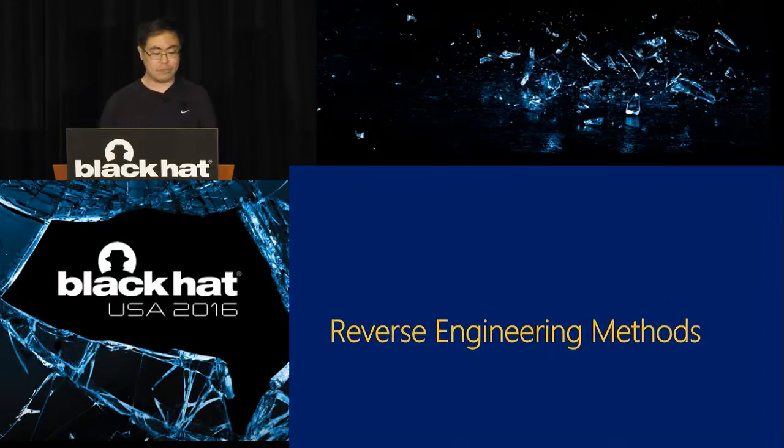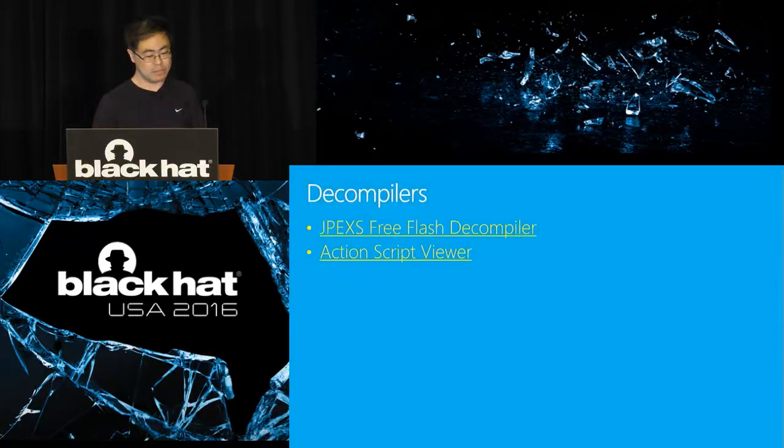First, let's talk about how we can reverse a Flash exploit. The obvious choice is decompilers. There are a lot of decompilers out there, and I have used many of them, but I found that these 2 are good. The first one is JPEXS Free Flash Decompiler. This one is open source and free, and it works very well.